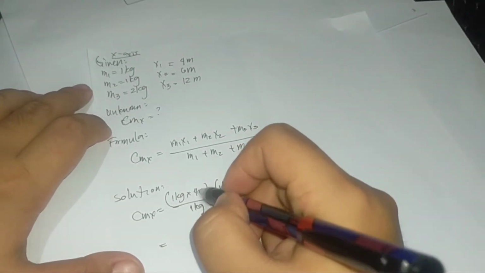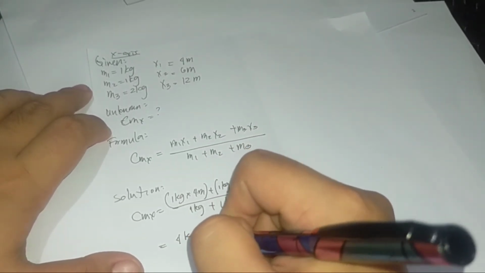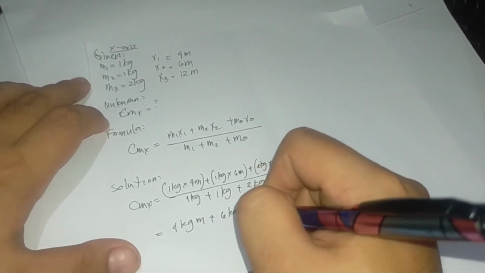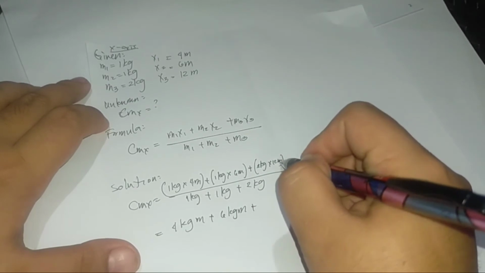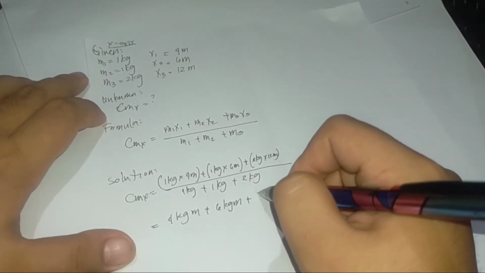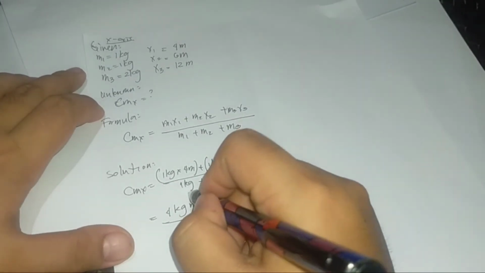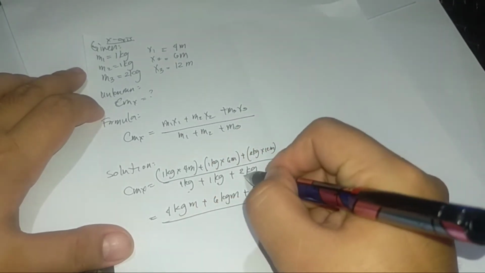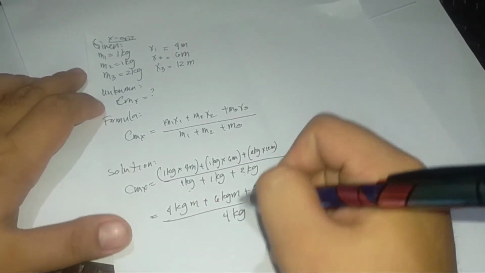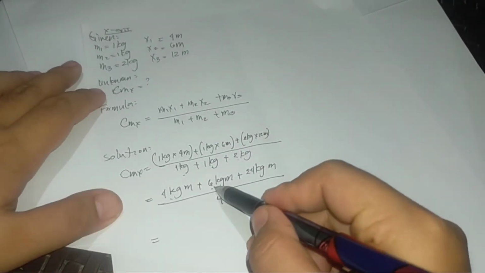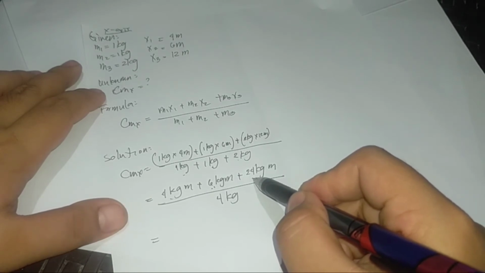So 1 times 4, this one is 4 kilogram meter, plus 1 times 6, 6 kilogram meter, plus 2 times 12 is 24 kilogram meter, divided by 1 plus 1, 2 plus 2, 4 kilogram. So 4 plus 6, 10 plus 24, 34.